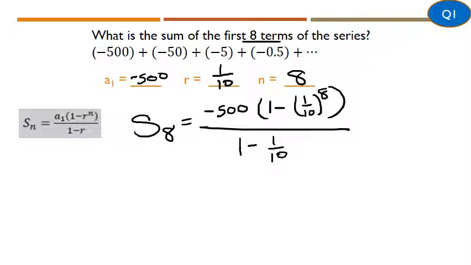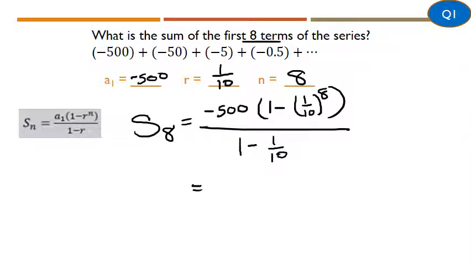Now, you can type this into your calculator, or you can type it into Desmos. It'd probably be easier if you type it into Desmos, because you can delete things easier if you don't get it in there right. And make sure you get the parentheses. You can type this into Desmos and it will give you your answer.